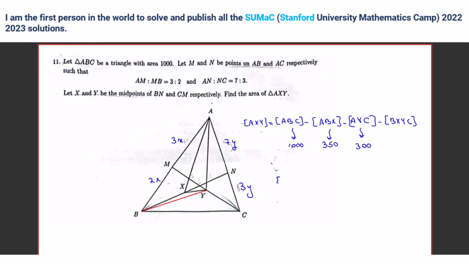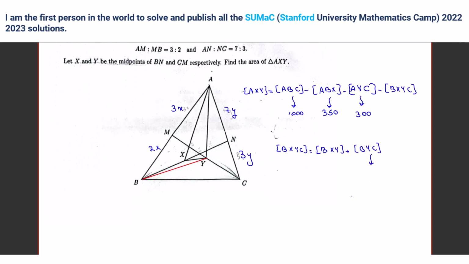So let's focus on the area of BXYC. It is equal to the area of what plus what? BXY plus BYC. Area of BYC is what? 200. Yes, 400 over 200. So we should focus on the area of BXY, right?